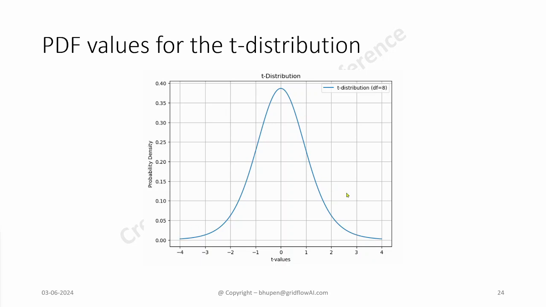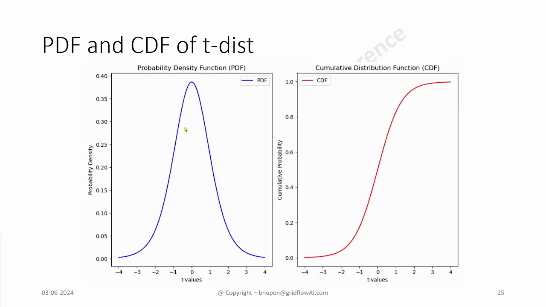This is pretty much similar to the standard normal distribution if you look at it carefully. The only difference would be at the tail with lower degrees of freedom. Now with the PDF, you can compute the cumulative density function also. Let's say you have a point on the PDF, let's say here.